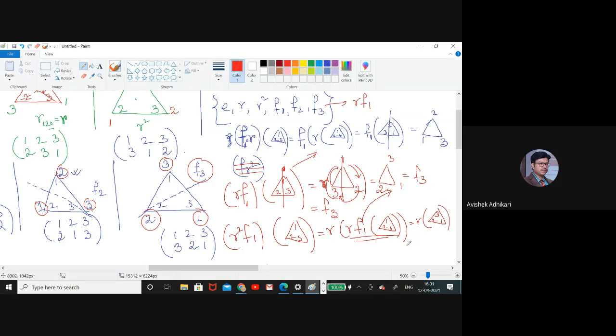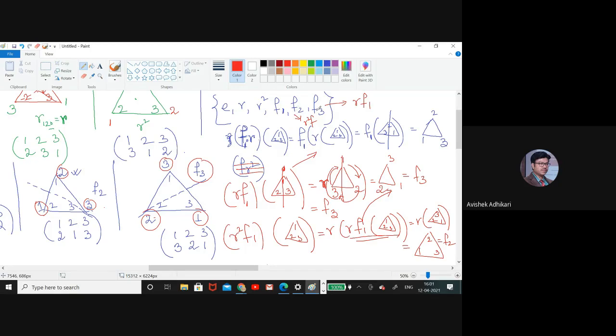And if I just rotate it once again, that becomes 2, 3, 1. And that is nothing but F2, right? So what I get? This is nothing but R square F1.